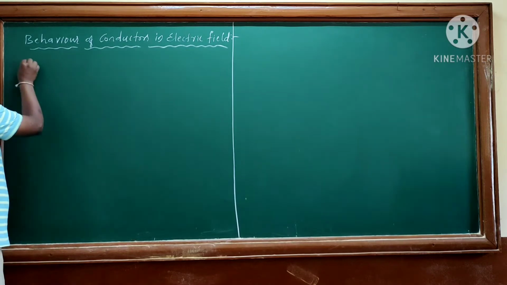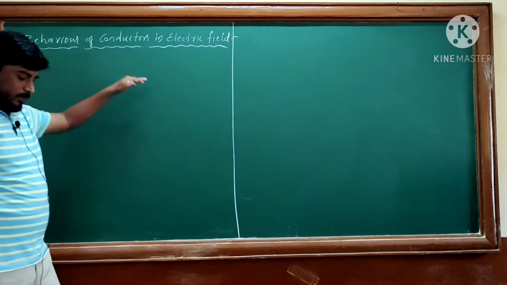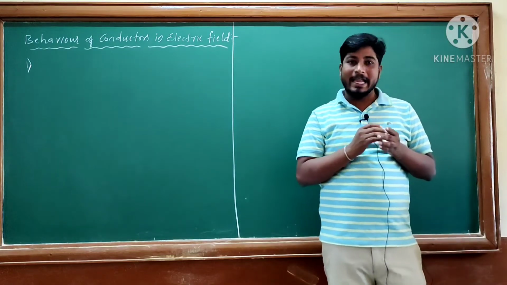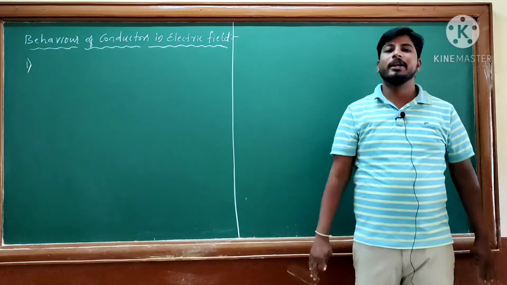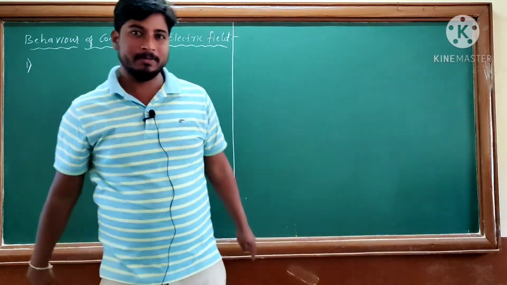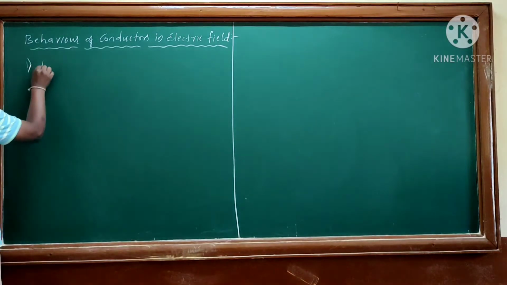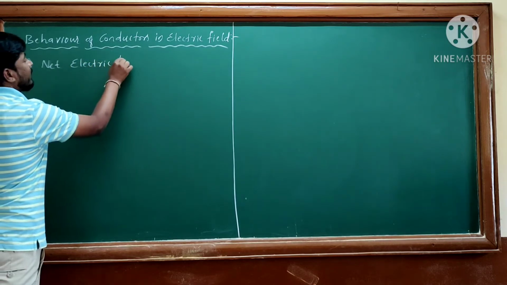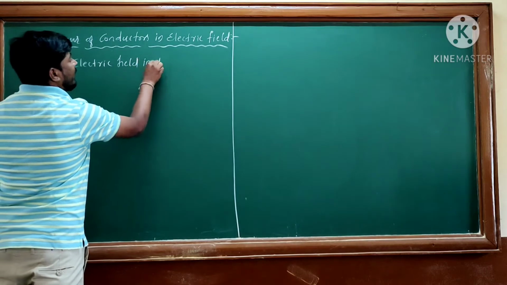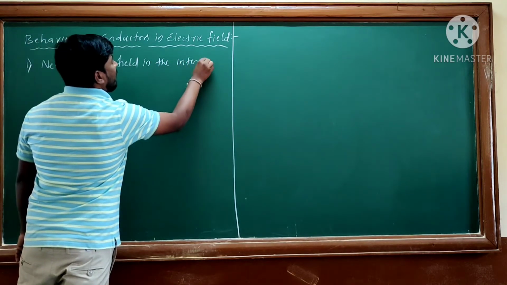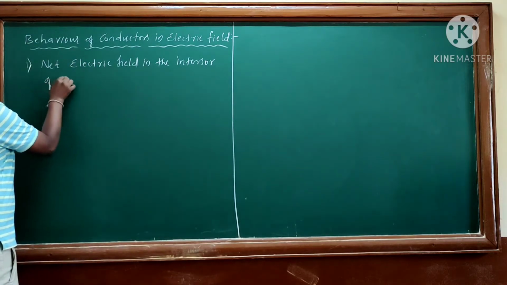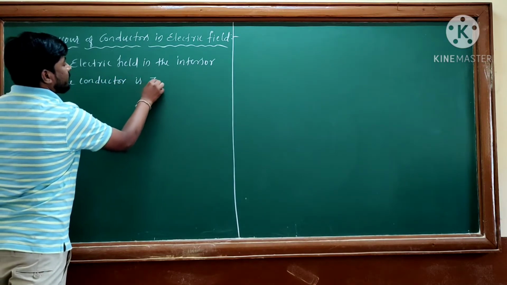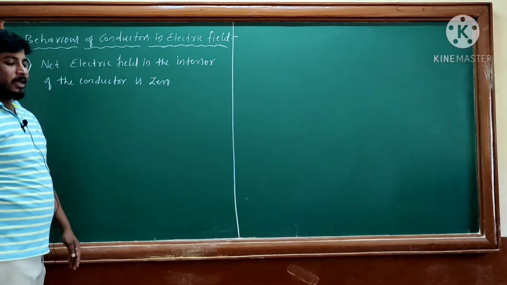The first point is that the net electric field in the interior of the conductor is 0. Net electric field in the interior of the conductor is 0.